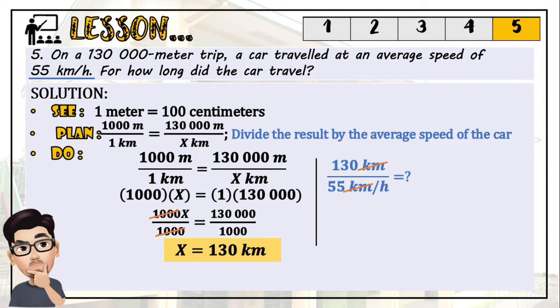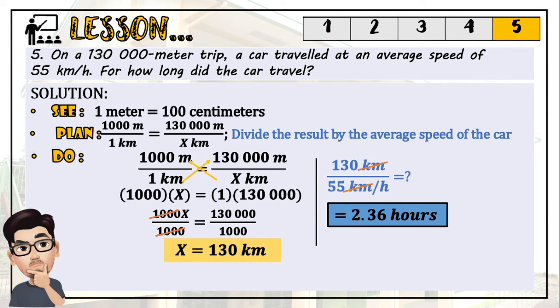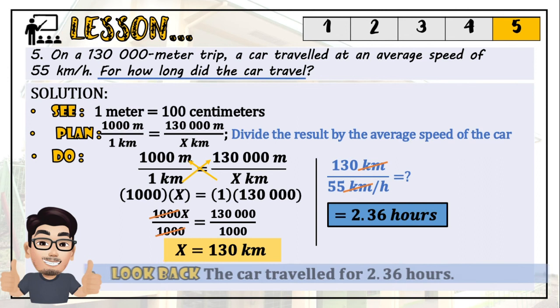We will remove the same units and we will arrive at 2.36 hours. Okay? So let's look back. We answer the word problem and double check our solution. The question is, for how long did the car travel? And our answer is, the car traveled for 2.36 hours.